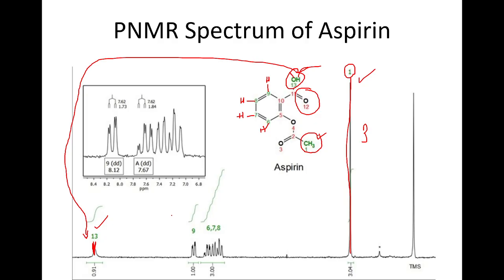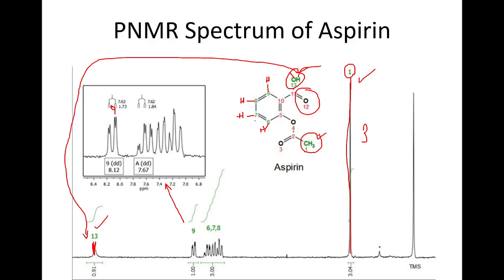Let's have a look at 6. So hydrogen number 6, 7, 8, and 9 is here. This is the enlargement, the focus on that one. Why is 9 a little bit more de-shielded than 6, 7 and 8?